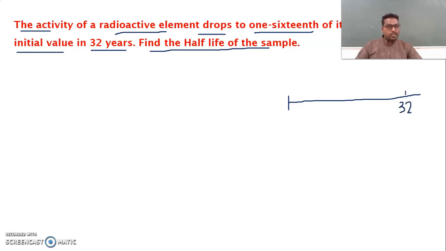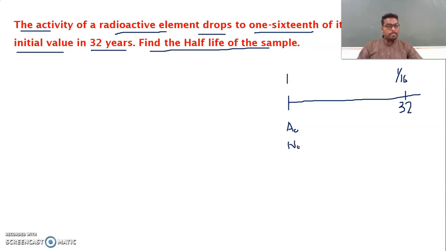Exactly at 32 years, in the beginning the amount of radioactive substance is 1, then it is reduced to 1/16th of the initial concentration. So for example, in the beginning, A naught or N naught is the amount of substance.